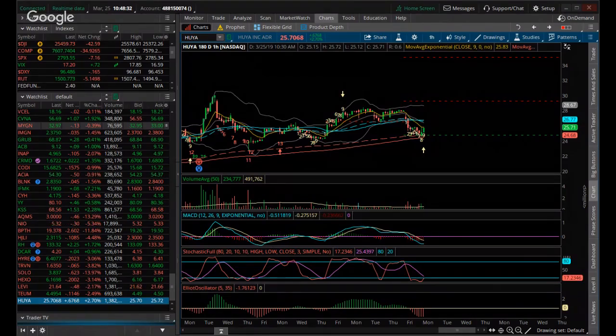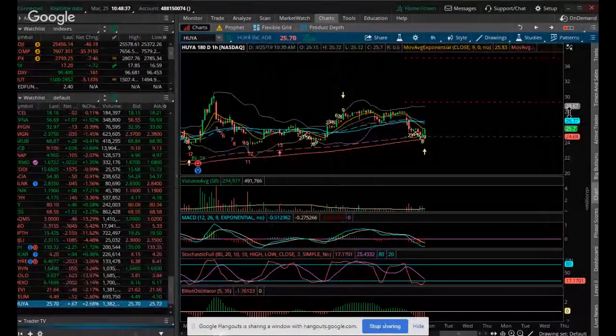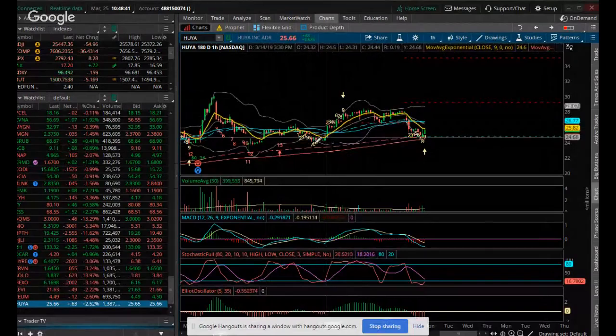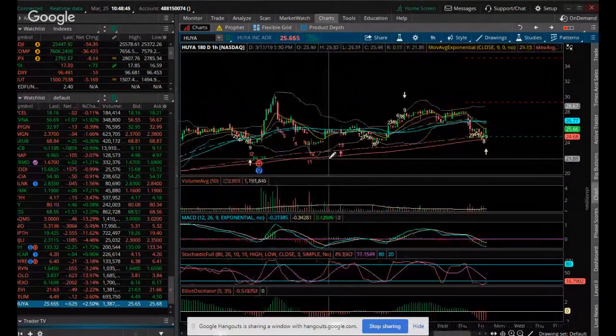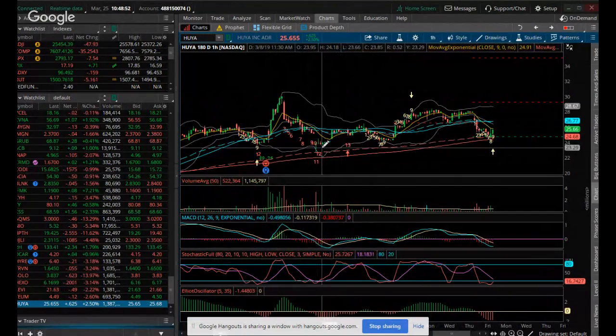All right, everybody, we're back. And looks like this Huya is starting to firm up. As you can see, the 9s and the 13s are basically where some of the prices tend to find support, especially right around the moving averages.